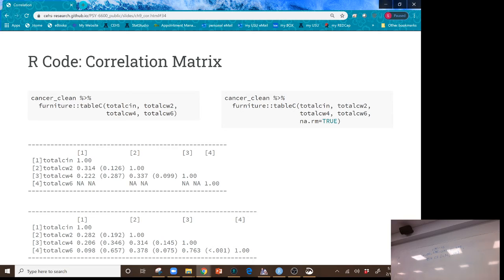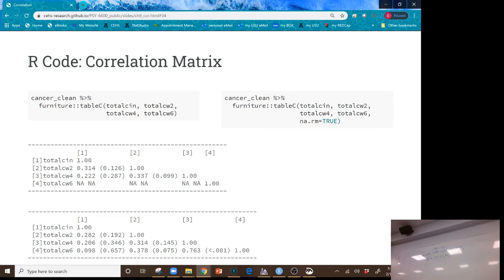What do you notice down here? Does that look great? What do you think about that? NA. What does NA mean in R? Missing data. Yeah, so by default it says I can't do this because some people are missing the week 6 value.